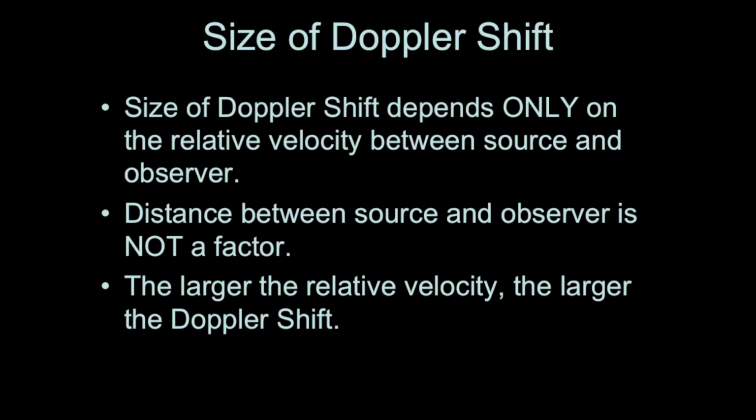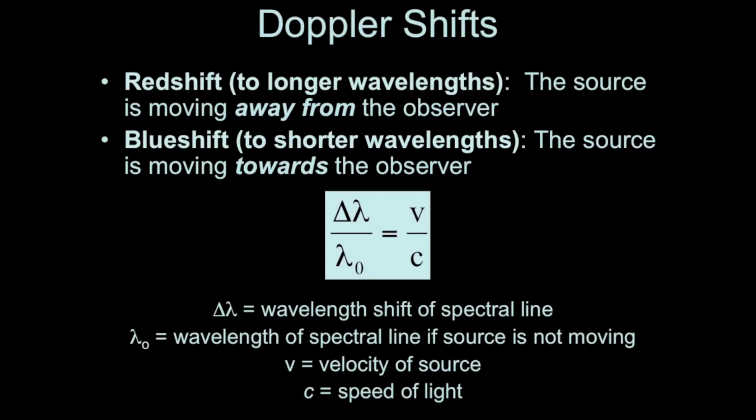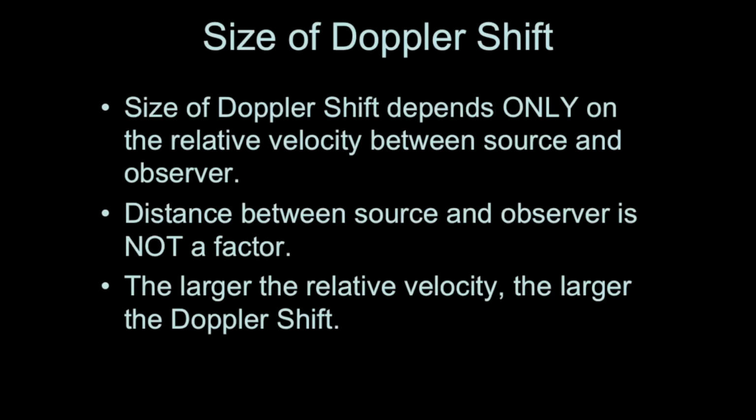If we look back at this mathematical relationship, you'll see that there's no d for distance here. It doesn't matter how far away the object is. The only thing that matters is the relative velocity between the source and the observer. And so distance is not a factor. So the distance between the source and the observer is not going to affect the size of the Doppler shift. So the larger the relative velocity, the larger the Doppler shift.